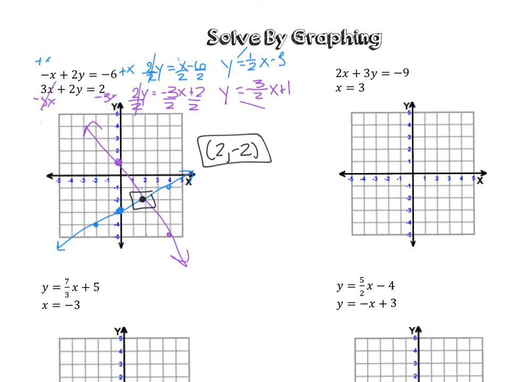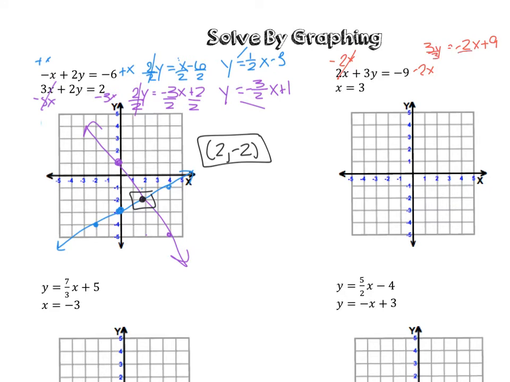Okay, let's pick a different color this time. Okay, so we have to solve this one for y, so we'll subtract 2x from both sides. So 3y equals negative 2x plus 9.